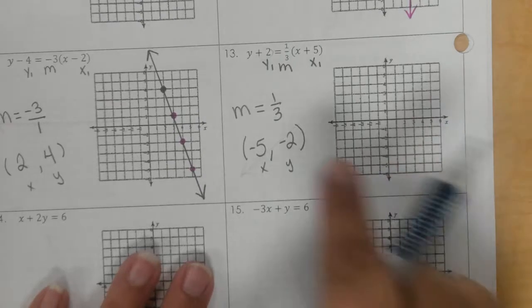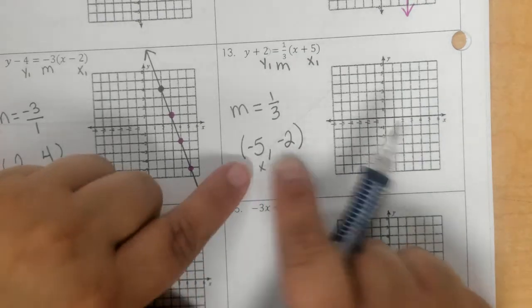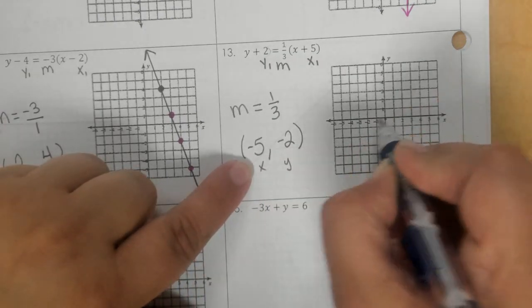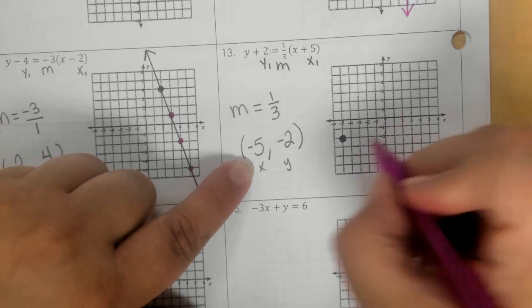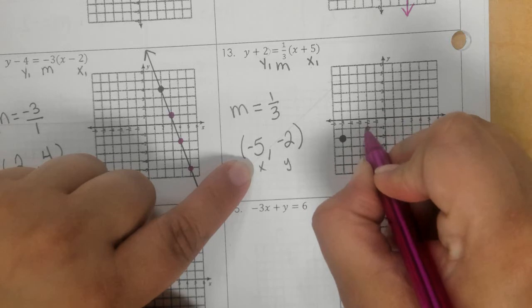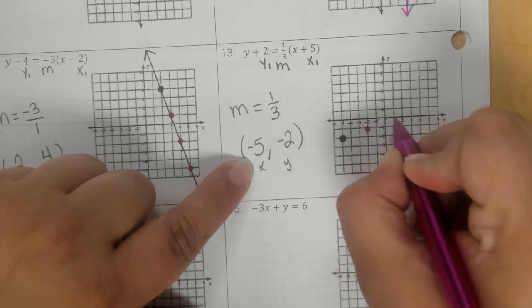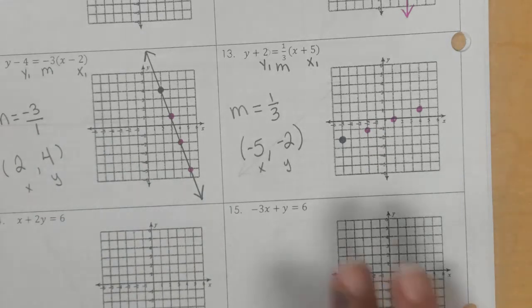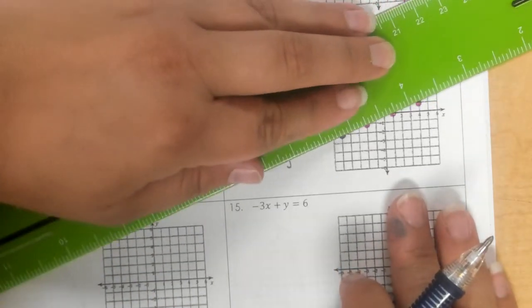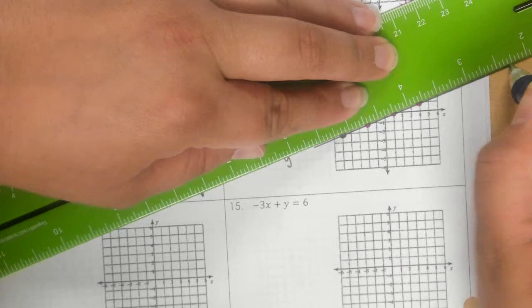So in 13, we're going to start with that -5, -2, so I go to 0, 0, I go over -5, down -2, and then my slope is up 1, right 3, up 1, right 3. Okay, once I have my points and can't make any more, I can go ahead and draw my line.